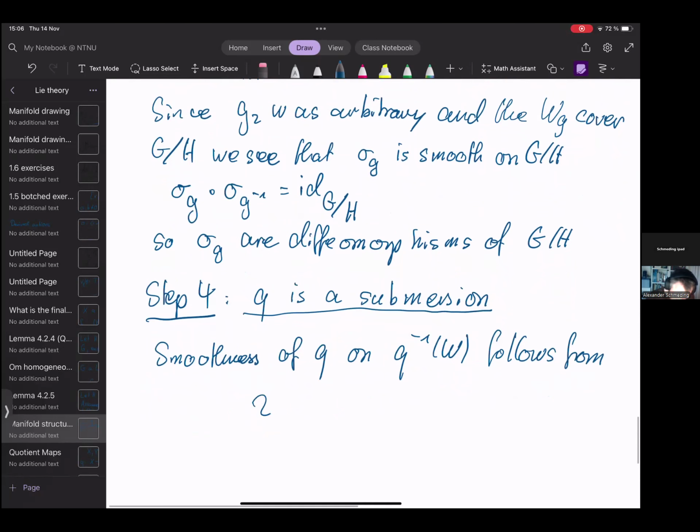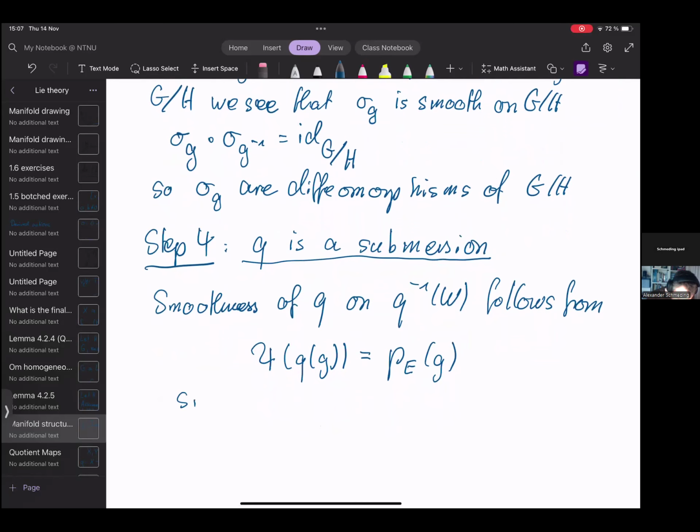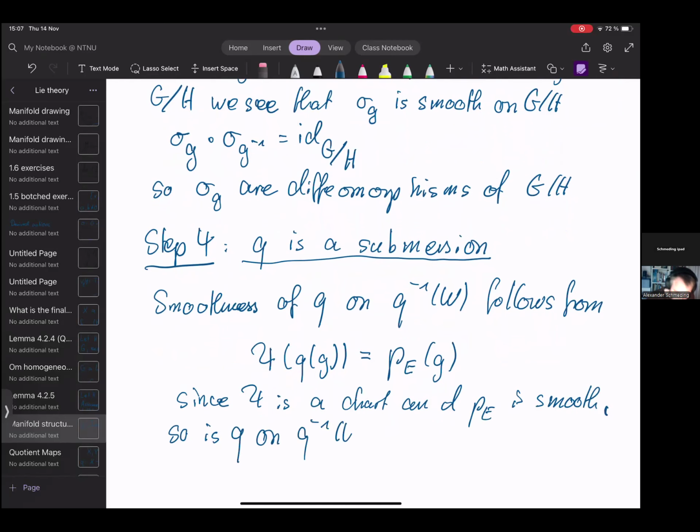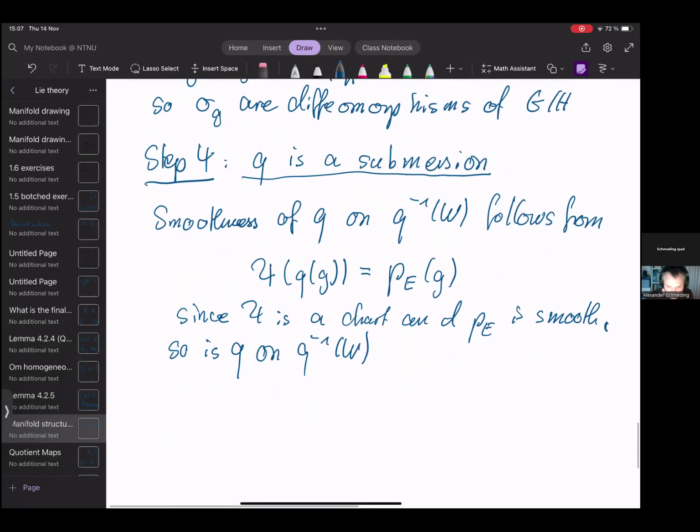Basically, we already used this. If we apply psi to Q of G, this is this map PE, we call PE of G. So since psi is a chart and PE is smooth, so is Q on Q inverse W. Okay, great.